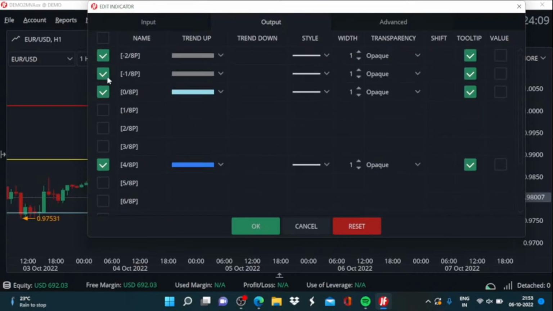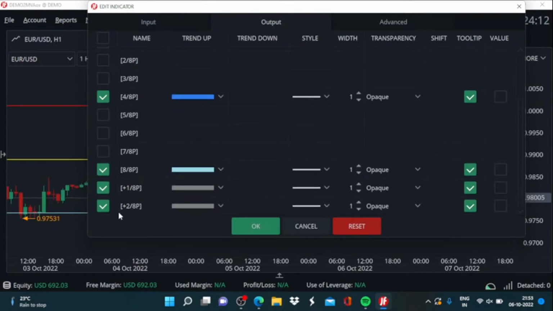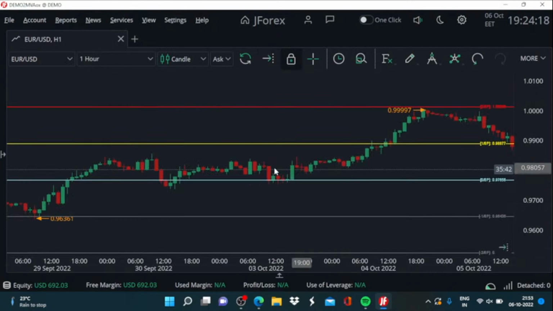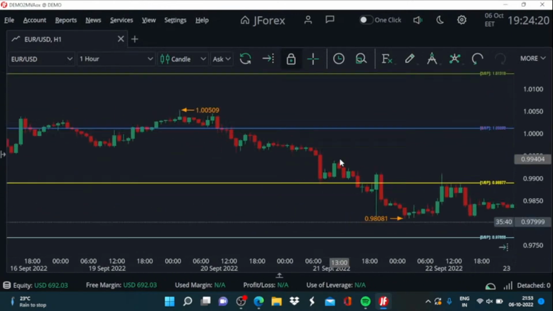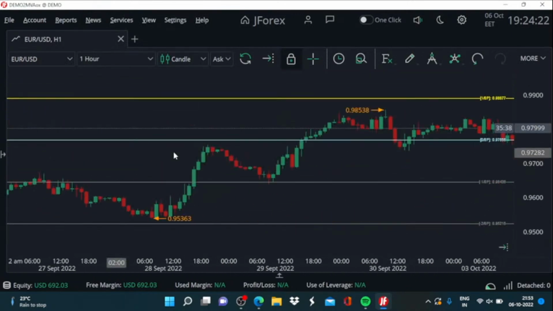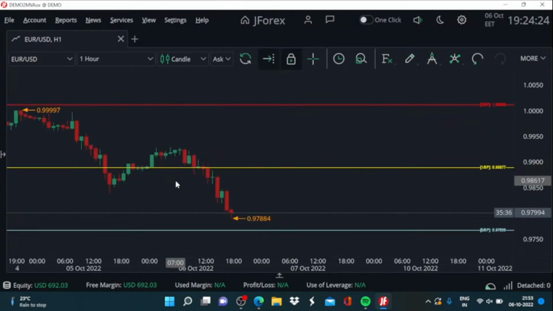Or, if you want, you can even cut out some of these resistance and support lines. It is always up to you to see what are the levels you can rely on more, and as per that do the customization.